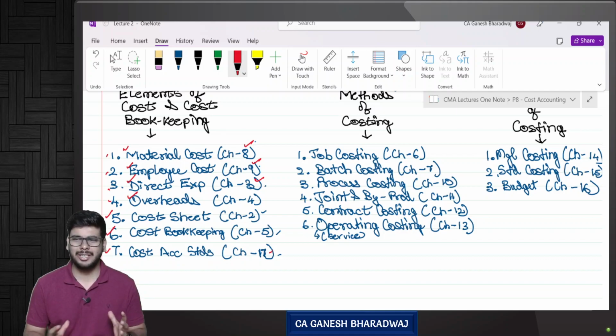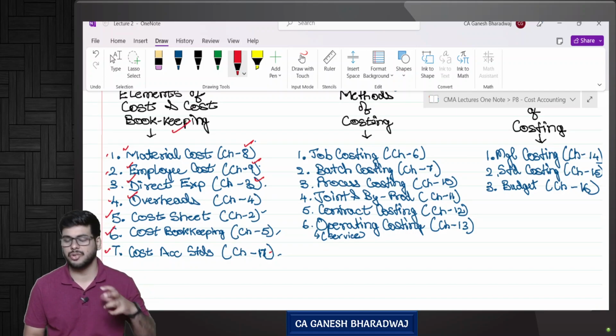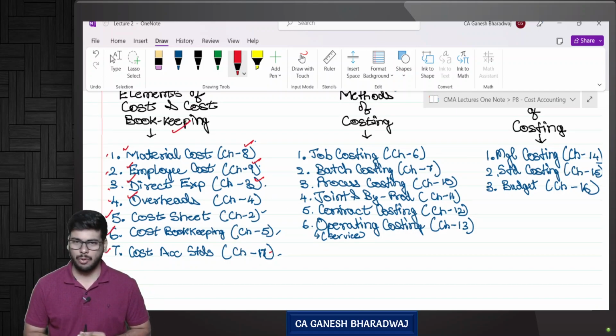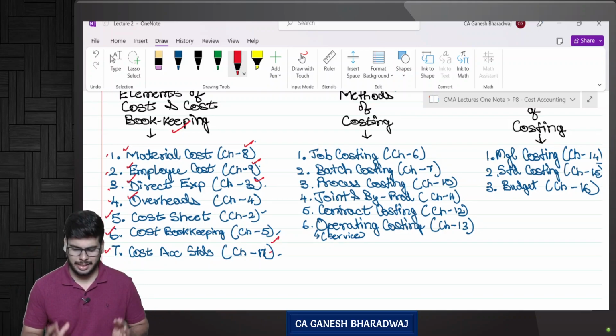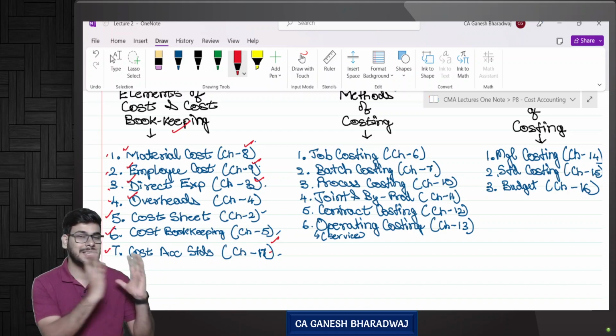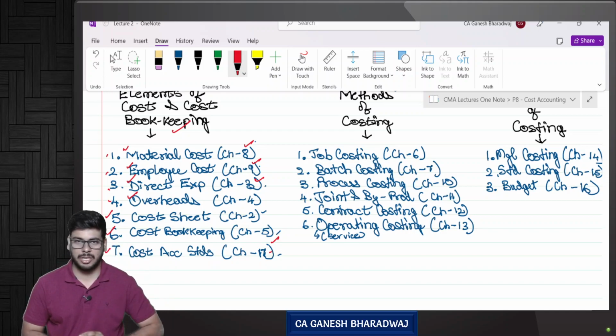So basically your entire cost accounting principles stem from the first leg of our discussion, elements of cost and cost bookkeeping. Are you all clear with this? Elements of cost can be presented in a statement or in a double entry bookkeeping system. And finally, we saw that all these things are governed by a document called cost accounting standards. I am classifying this separately under one particular area called elements of cost and cost bookkeeping.